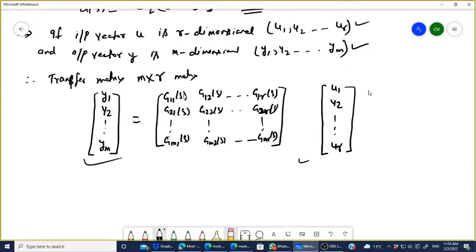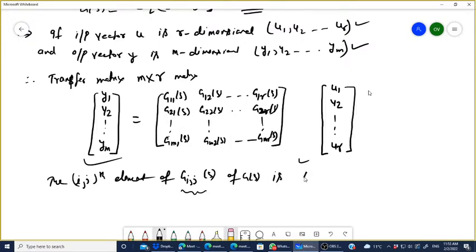The i, j-th element g_ij(s) of G(s), what is this? This is the transfer function. This is the MIMO system, multiple input multiple output.